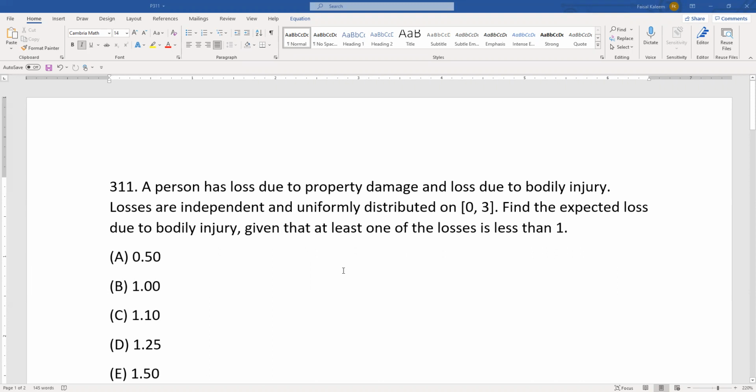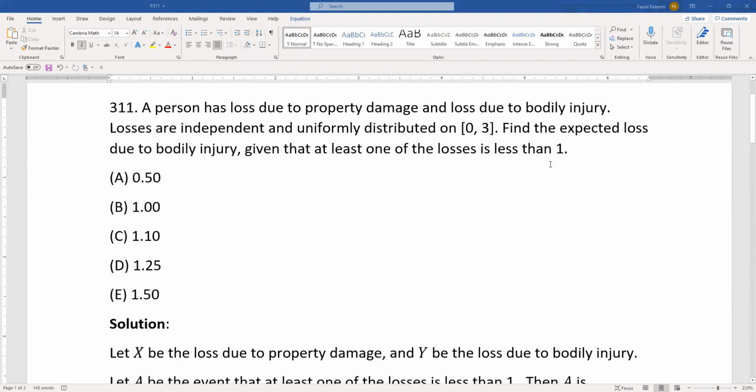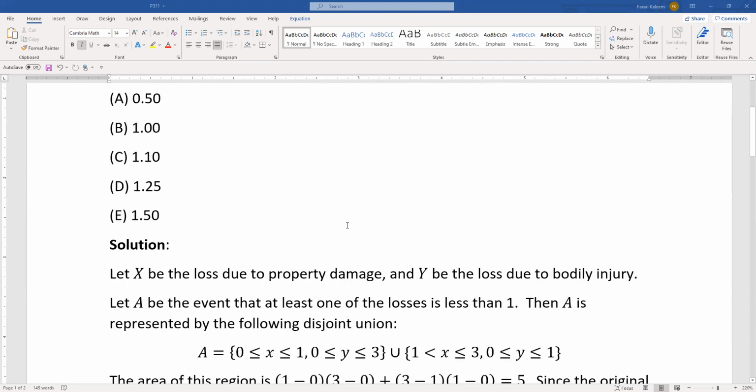So let X be the loss due to property and Y be the loss due to injury. And since this is the given condition that at least one of the losses is less than 1, let's call that A. A is the event that at least one of the losses is less than 1.